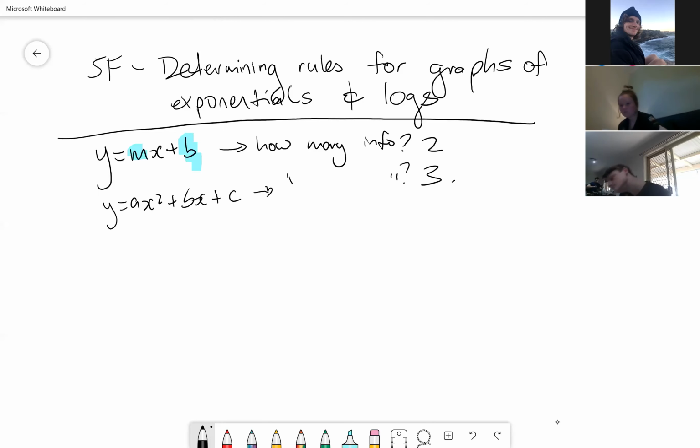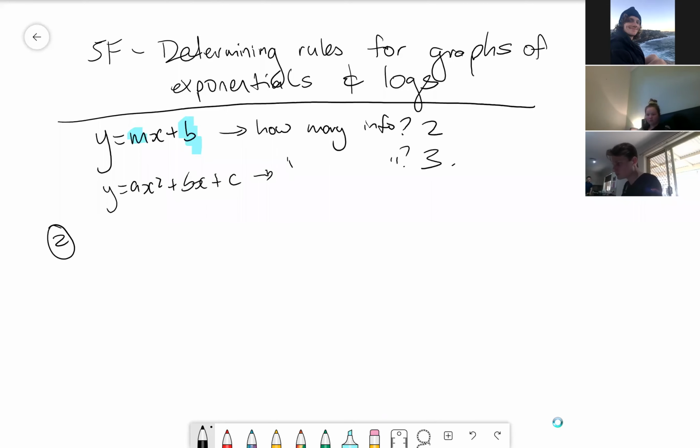Let's do question 2. For question 2, we've got y is equal to a log e of x plus b.